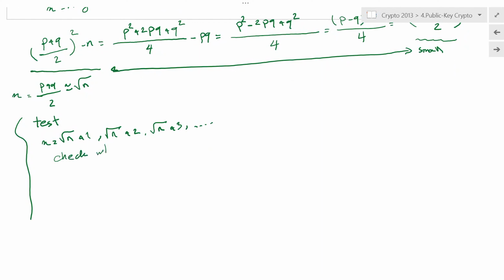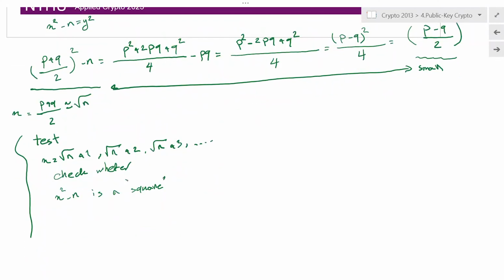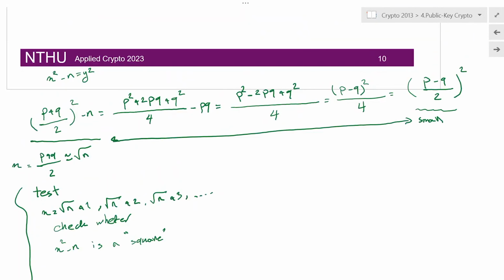And every time I choose x, I check whether x to the 2 minus n is a square. That is the answer to my test. Look at the above equation: the difference between these two values should be a square number, (p minus q over 2) to the power 2, right?